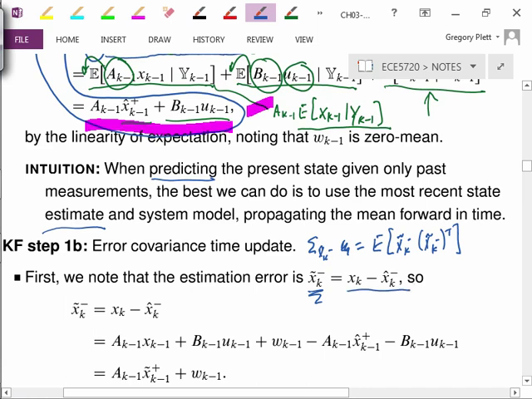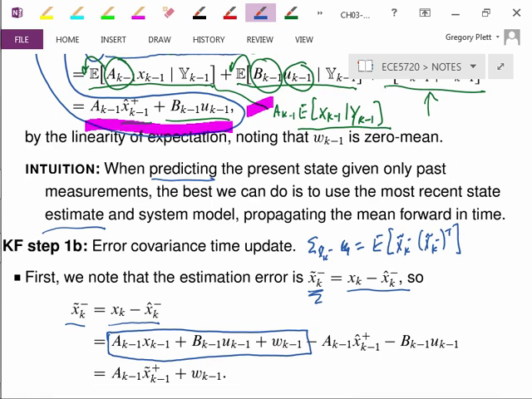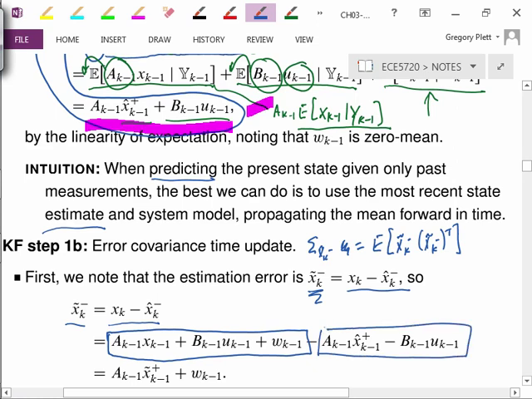By definition, it's the true state minus the prediction of the state. The true state is this. We are assuming that our state equation is in fact correct and precise. So the true state is Ax plus Bu plus w. And our predicted state from before is equal to this.